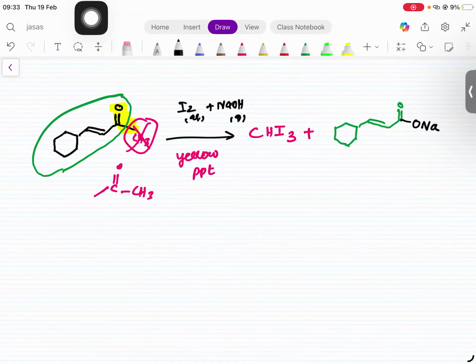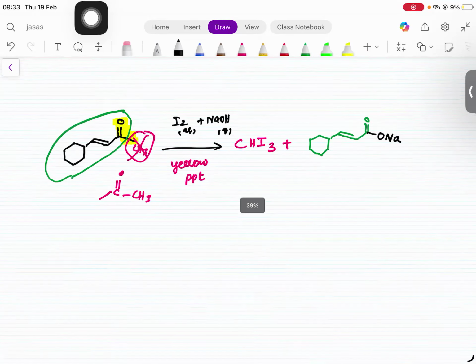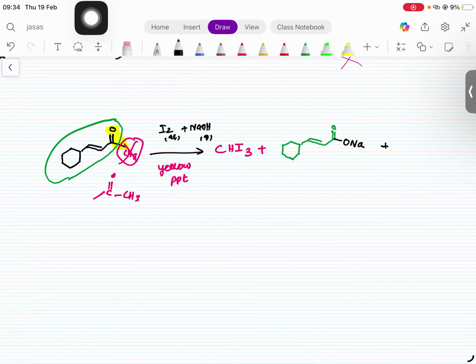ONA. क्योंकि alkaline aqueous था ना, तो क्या लगा दिया मैंने इसके साथ? ONA, right? Plus H2O. So, okay, forget about the H2O at this moment. So what I'm saying, you can write the products by just looking at the reactants, right? So if somebody asks me, no, we want a full complete equation for this, कि नहीं हमें पूरी equation लिख के दें, so I can write now full equation.